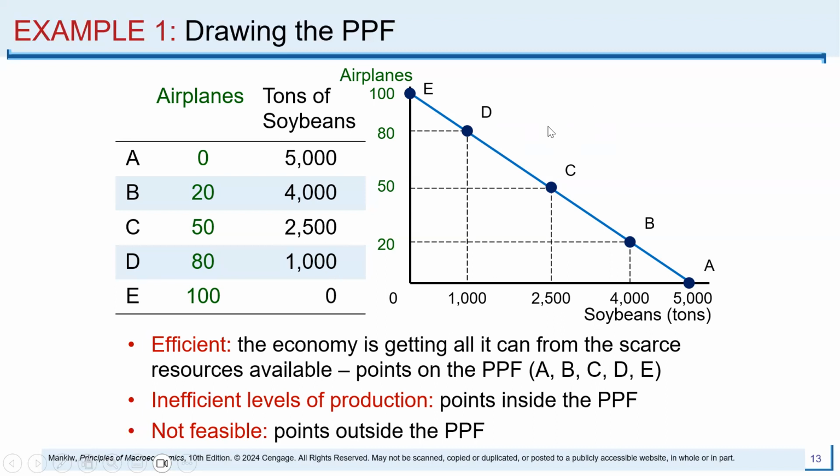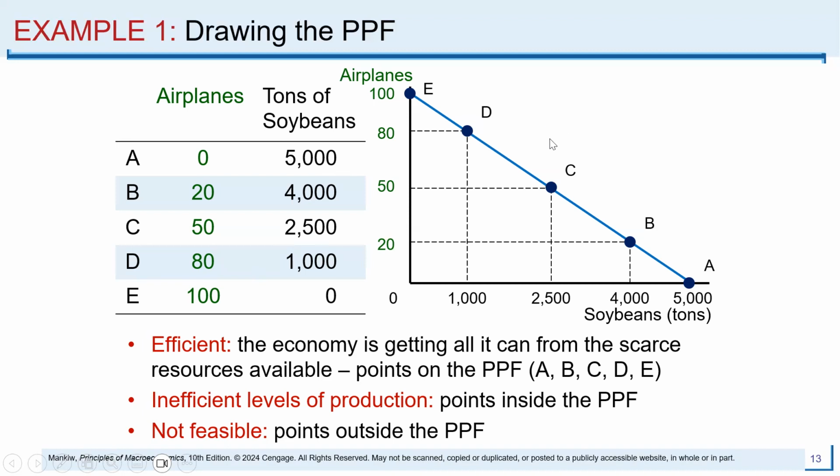Let's compare this point to point D. Point D is a situation where the country has already used up all its currently available resources. But compared with D, you need to produce 1,500 tons more of soybeans, and this country does not have those resources. So in that case, this point is unattainable.